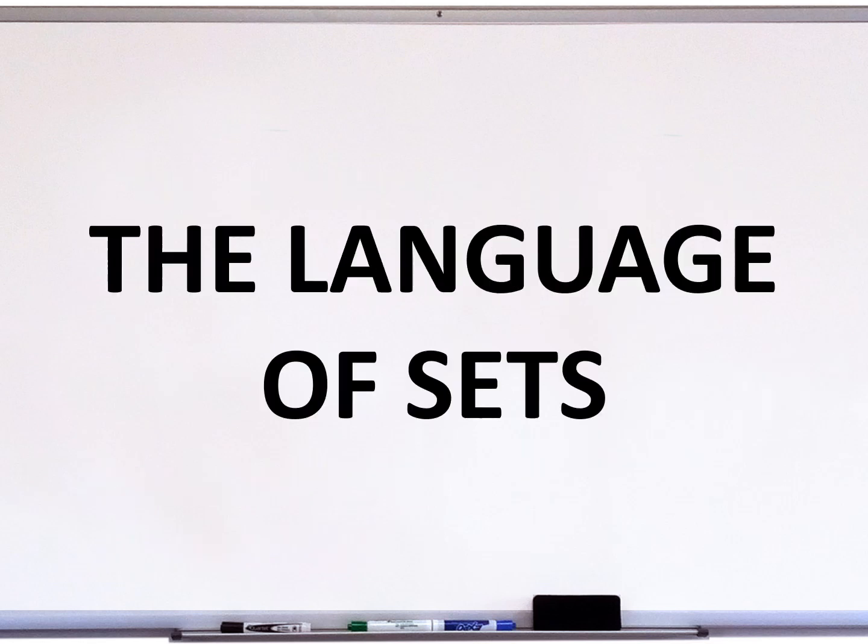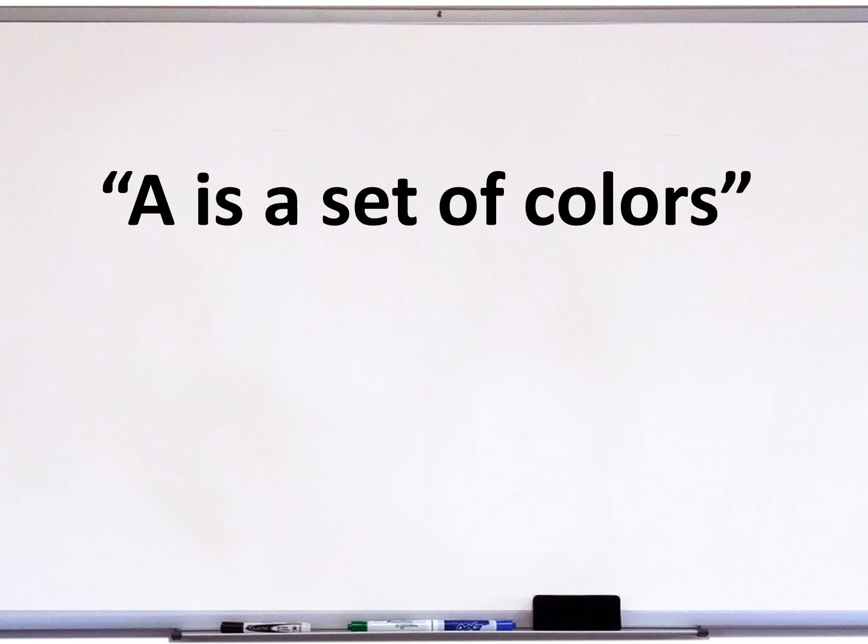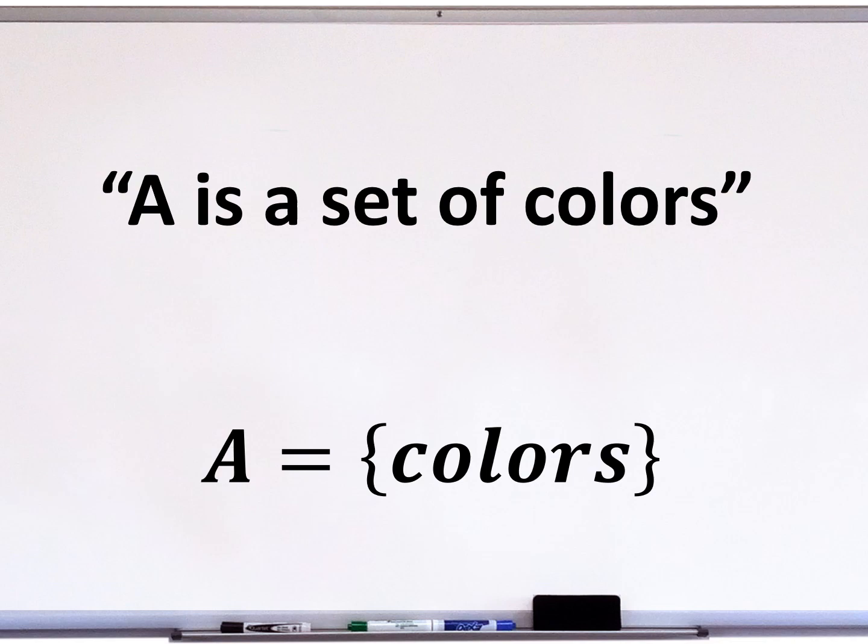Since we are already done with well-defined or not well-defined, let us now proceed with the language of sets. Let us now proceed with this example. A is a set of colors. If you're going to represent the given statement mathematically, this can be written as A equals, colors enclosed by braces.